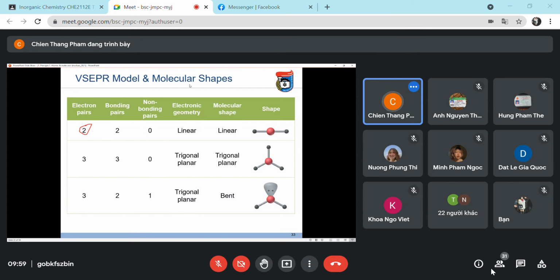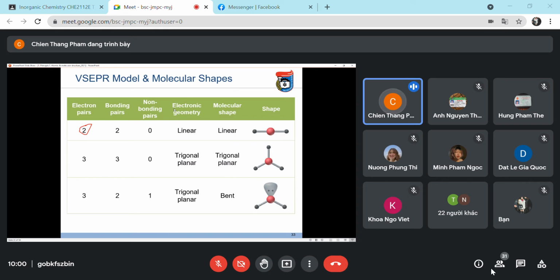The molecular shape depends on the non-bonding pairs and the bonding pairs. That's why we must consider the number of bonding pairs and non-bonding pairs. In case of 3 bonding pairs, the molecular shape is trigonal planar. However, with 2 bonding pairs and one non-bonding pair, the molecular shape is bent, not trigonal planar anymore.